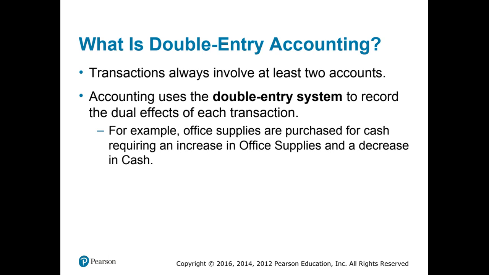Transactions always involve at least two accounts. Accounting uses the double entry system to record the dual effects of each transaction. For example, you have office supplies purchased for cash, and they require an increase in office supplies and a decrease in cash.